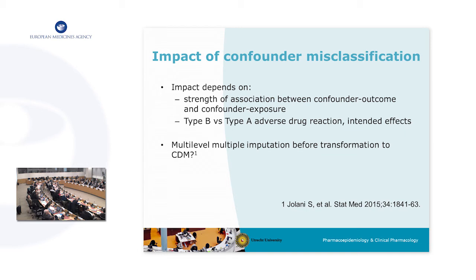Conceptually, I think the impact would depend on the strength of the association between the confounder, so the risk factor, and the outcome, but also between the confounder and the exposure. But also, very importantly, the type of effect that we are studying.